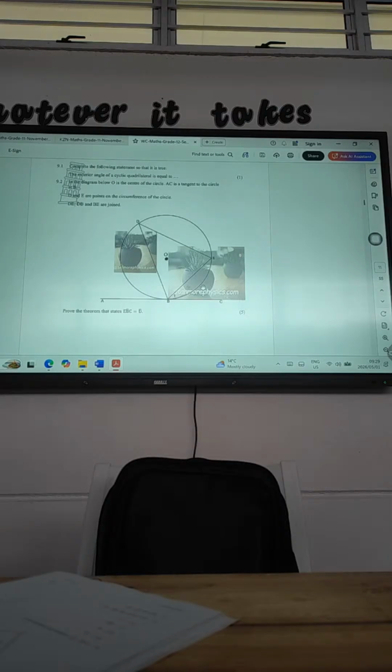Two pages away, you will have an answer book. You see? Yes, it's on page 15, the answer book.